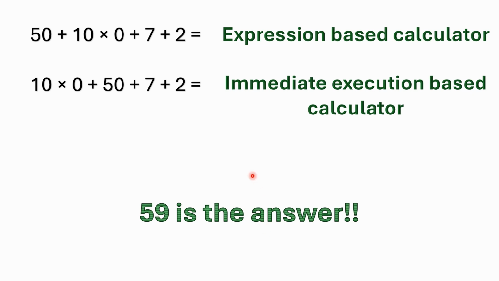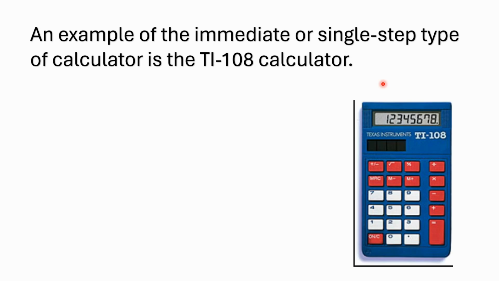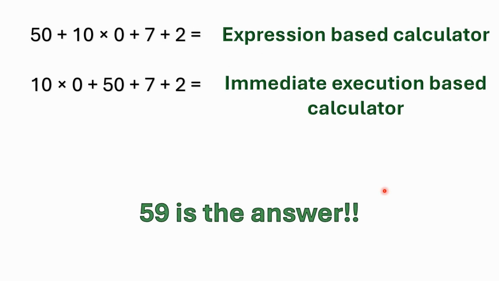Now, a lot of people will take one of these little calculators, like this TI-108 here, and they'll type it in, 50 plus 10 times 0 plus 7 plus 2, and they get the answer of 9. And then they automatically assume that 9 is the correct answer because their little Dollar Tree calculator told them so.